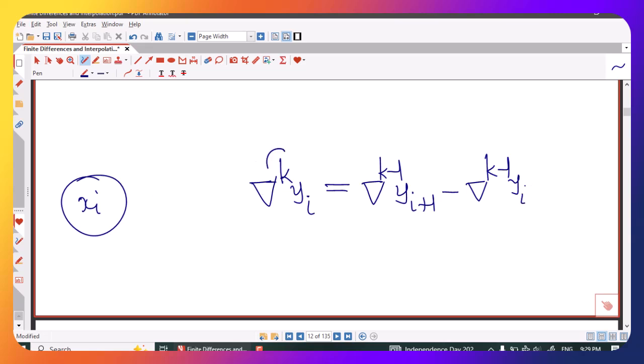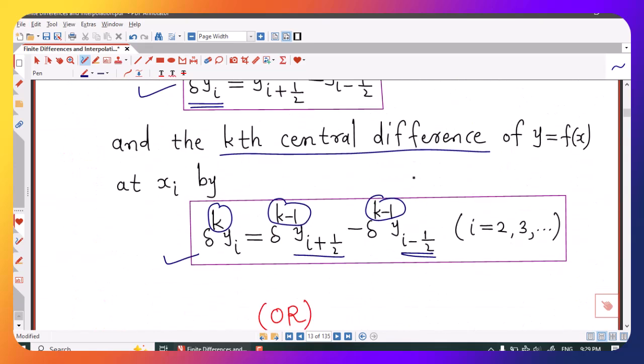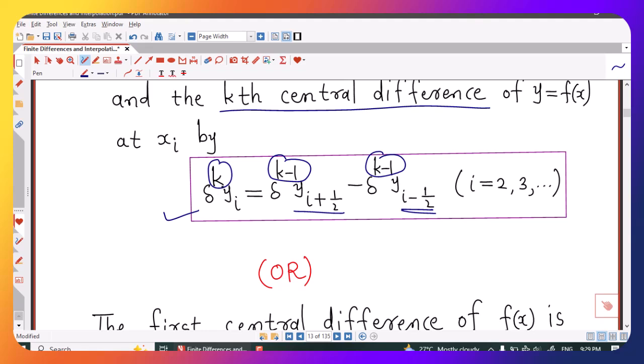So same definition is also for central differences. If I am defining kth order difference, here power will reduce by 1. So that I have written here. Kth order central difference is denoted by delta k yi and is given by delta k minus 1 y at i plus 1 by 2 minus delta k minus 1 y at i minus 1 by 2, and k starts from 2, 3 and so on.